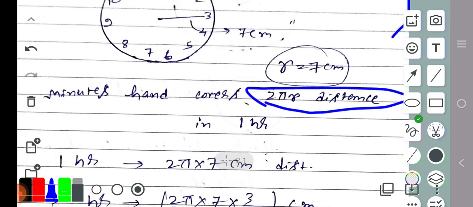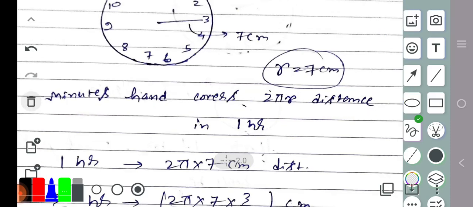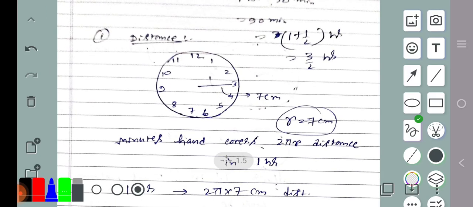What is written? It is written that the minute hand covers 2 pi r distance in 1 hour. 1 hour means, if I am considering the clock, whenever it comes back to its own position again, suppose in the clock it is now 3:15, the position of the minute hand is like that, here only.